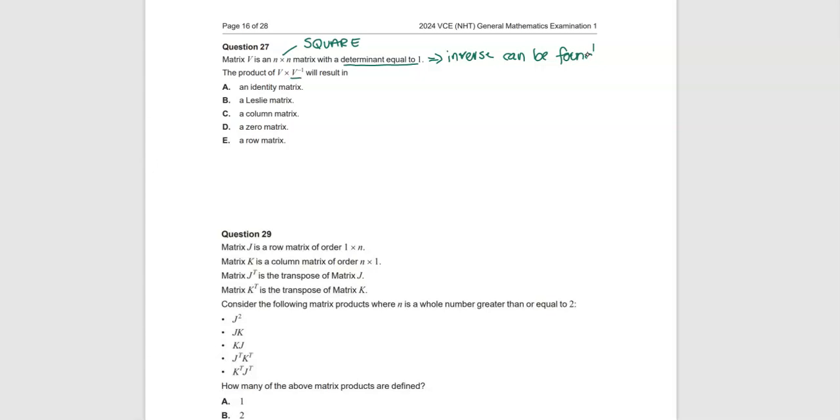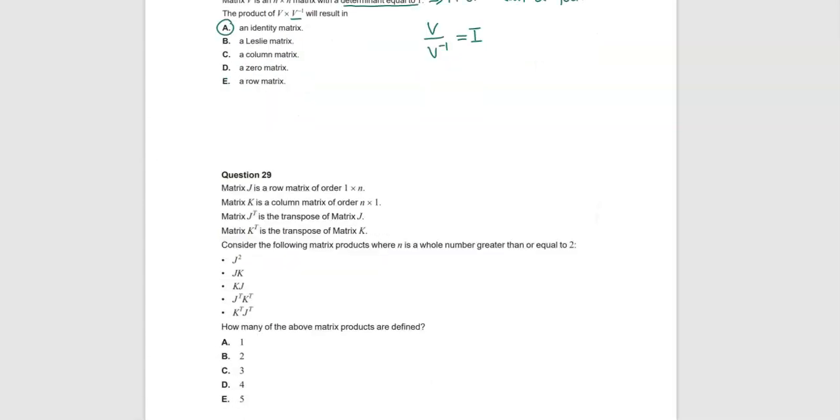And because you can find the inverse, if you multiply a matrix by its inverse, it will always produce the identity matrix. So that is the best answer. You knew that it's a square, and because the determinant is not 0, you can find an inverse. So that's what you're relying on.